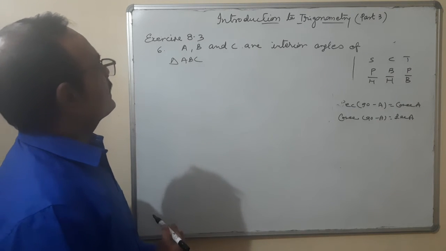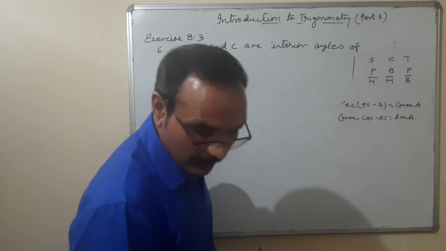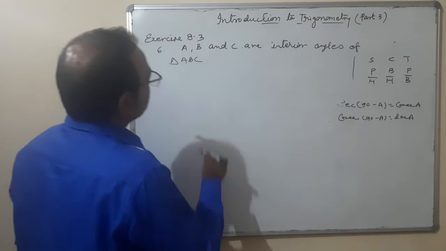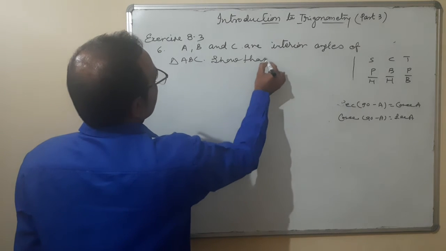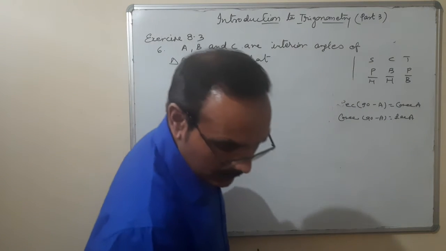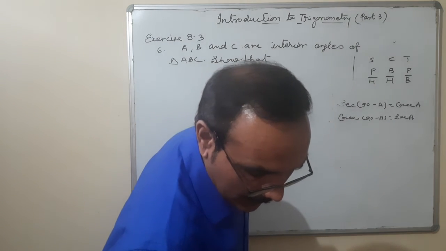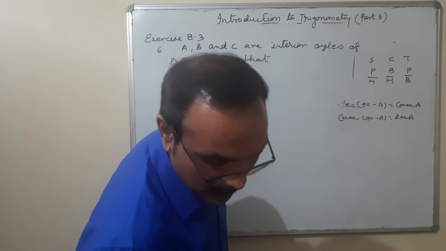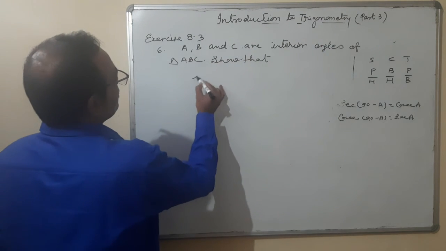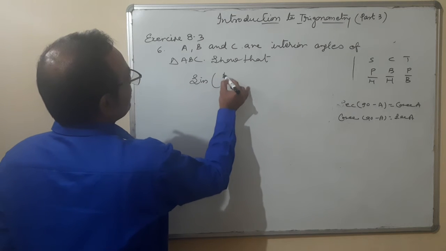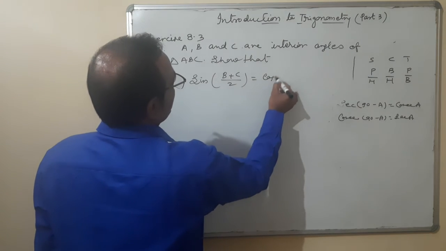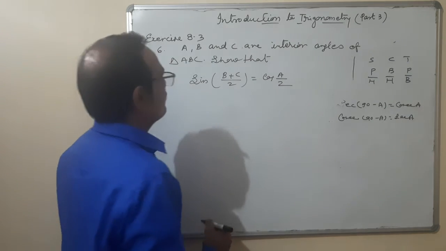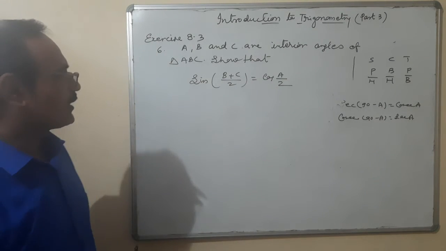ABC are the interior angles of a triangle ABC. Show that sin (B plus C) upon 2 is equal to cos A upon 2. This we are going to show.